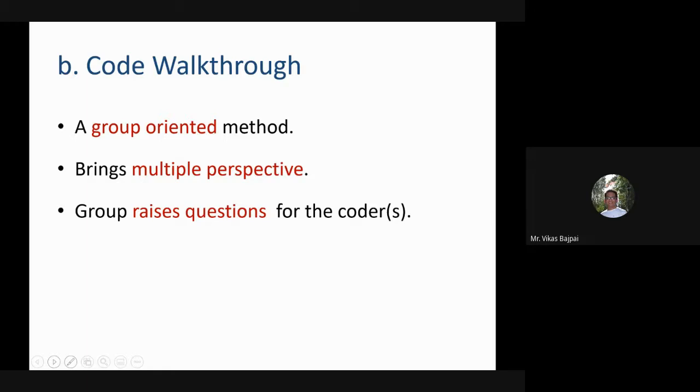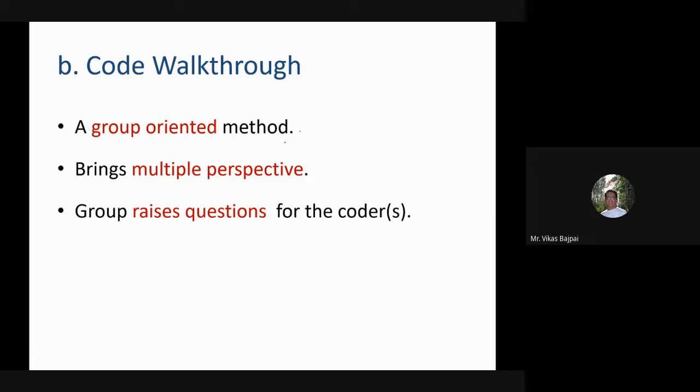Here, it's group oriented, right? So basically, it is a form where the programmer leads the review process and the other team members ask the questions and spot the possible errors against the development standards and some other issues related to the code walkthrough.